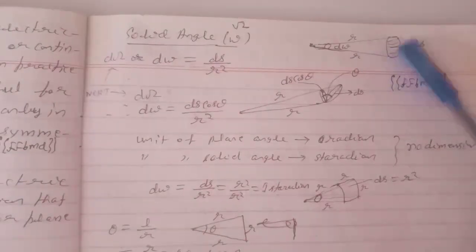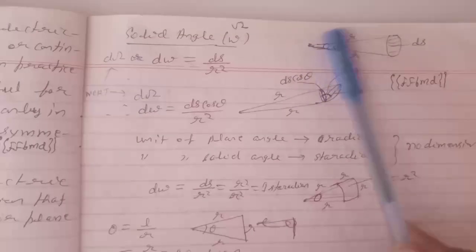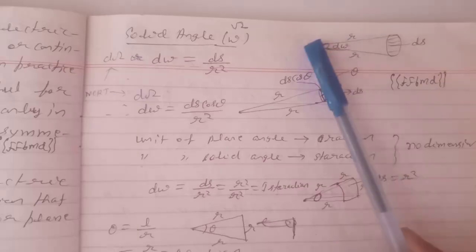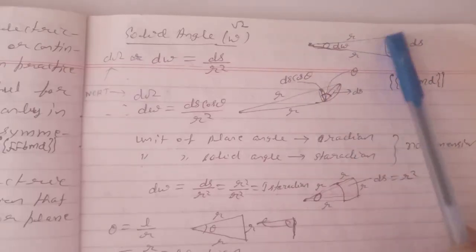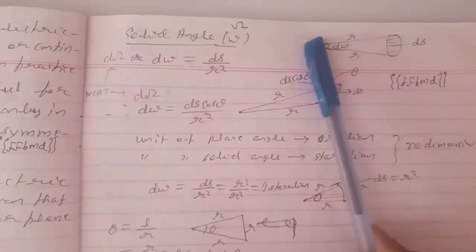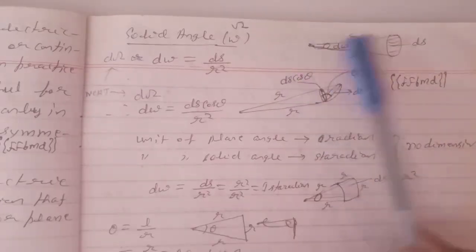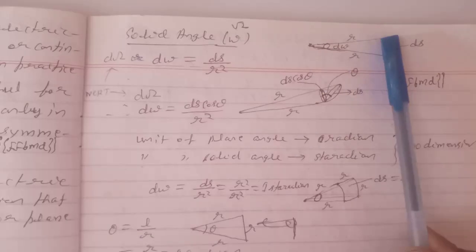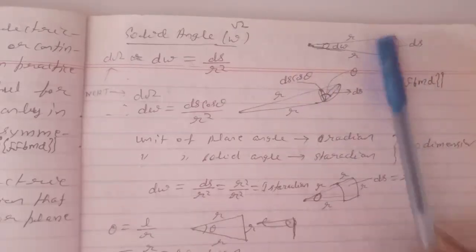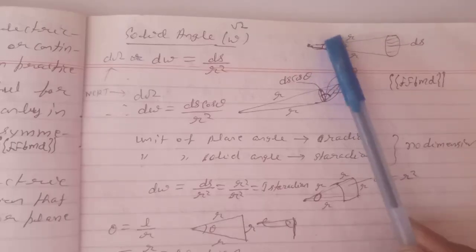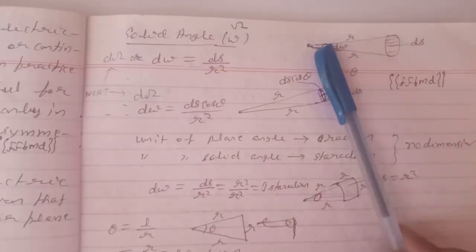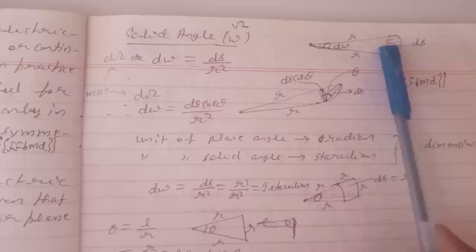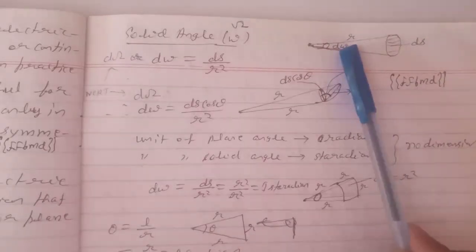For example, if it is a surface and we take any point here, then the lines joining this point to the circumference of this area form a figure, and this will be called the solid angle. So the solid angle is made by a surface, and this distance is R, and it is represented by omega.